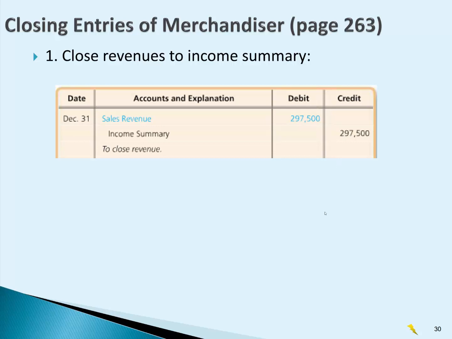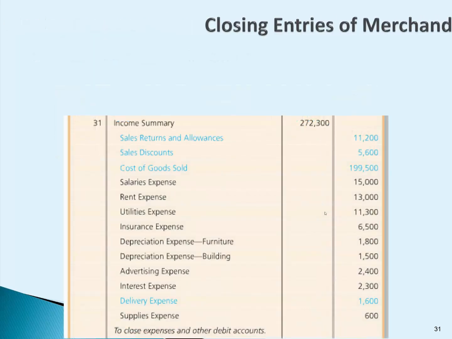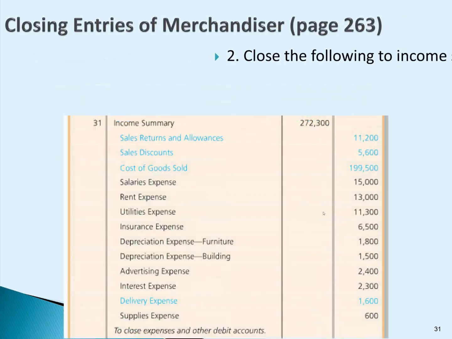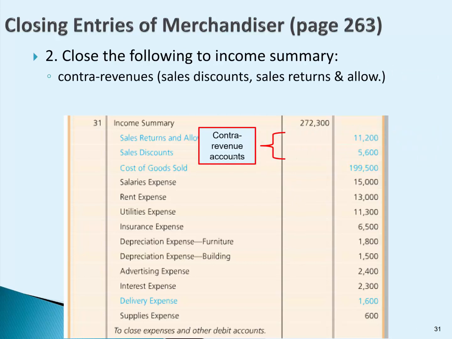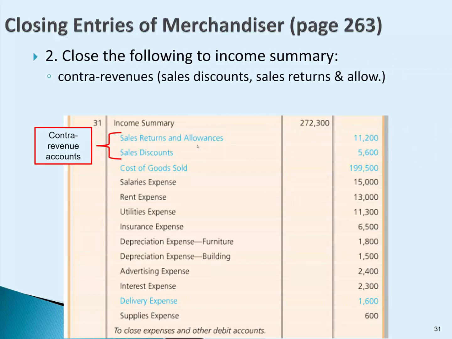The second step of the REID is expenses. So we have some new things for a merchandiser that we have to close. We also have to close the contra revenues. So that includes sales returns and allowances and sales discounts. These are just temporary accounts.